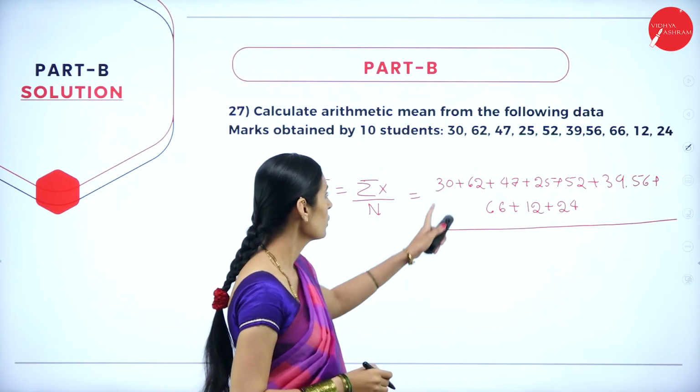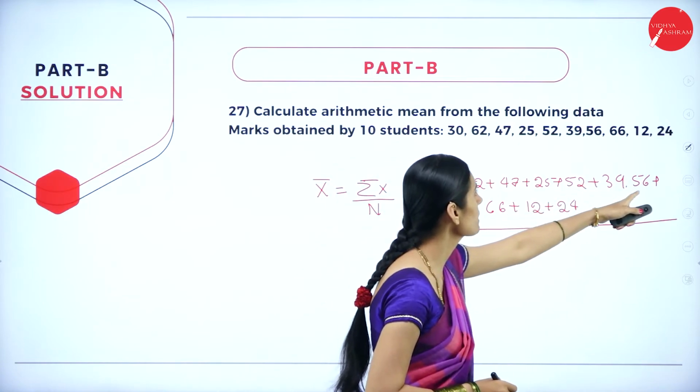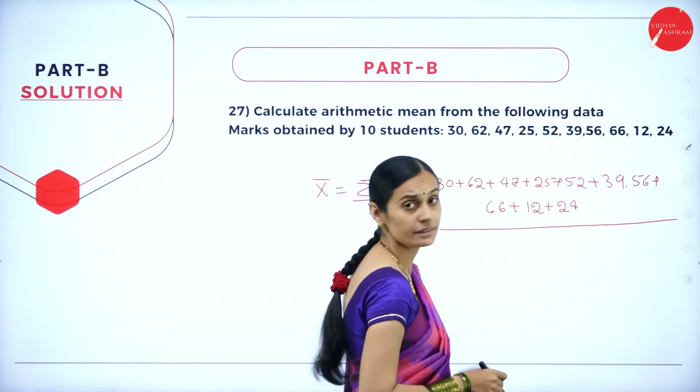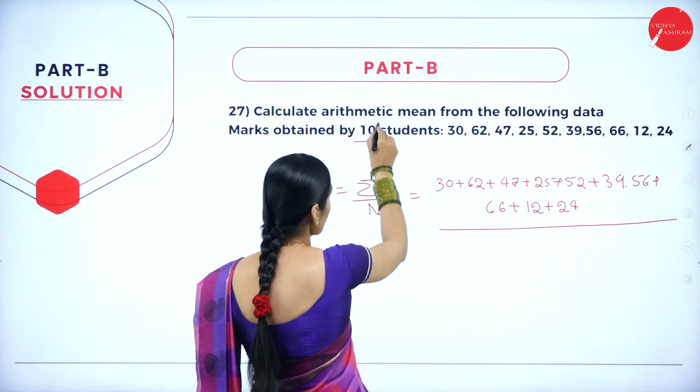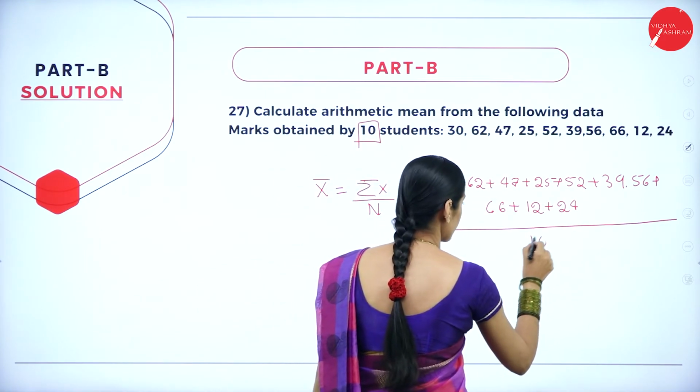How many numbers are here? 1, 2, 3, 4, 5, 6, 7, 8, 9, 10. So already they have given 10 students, it should be the same, equal to 10.